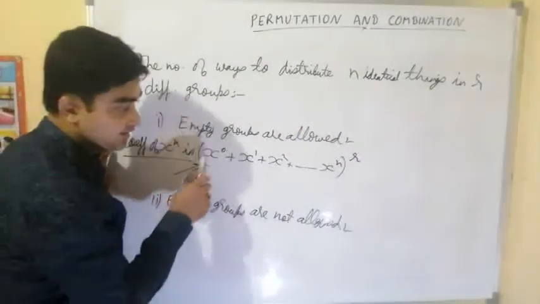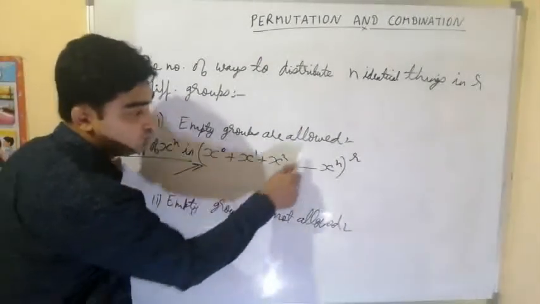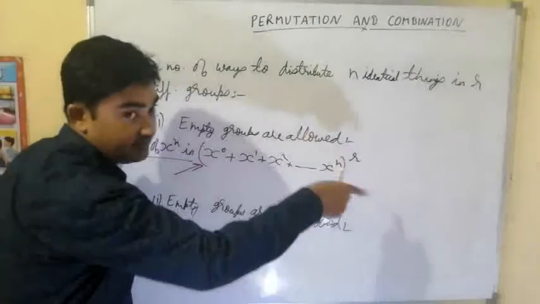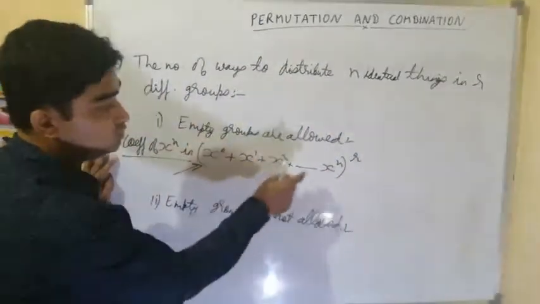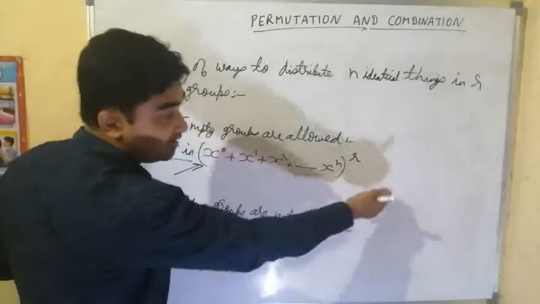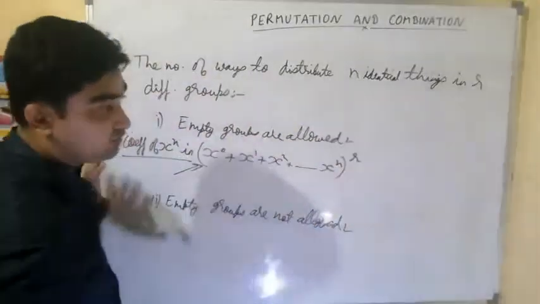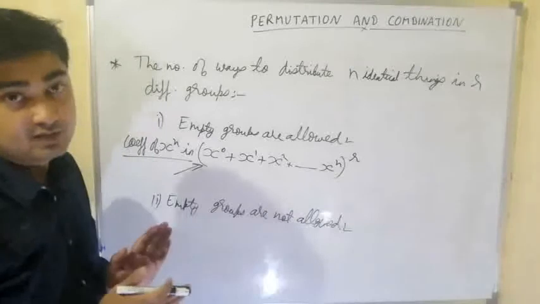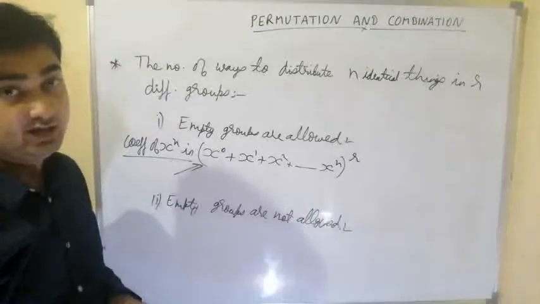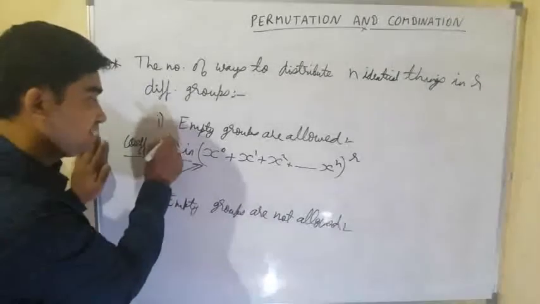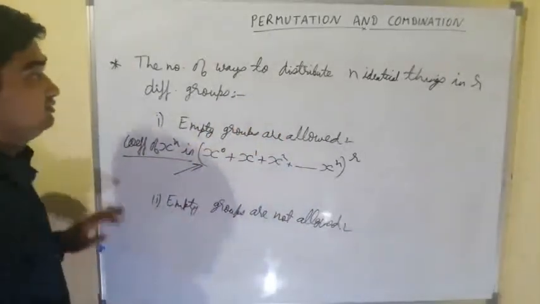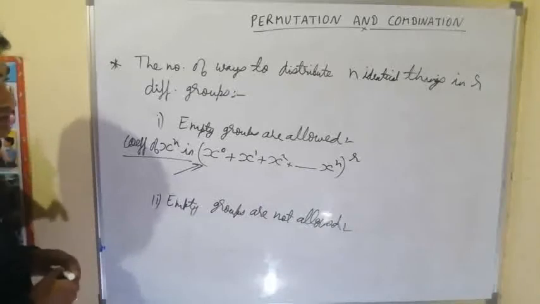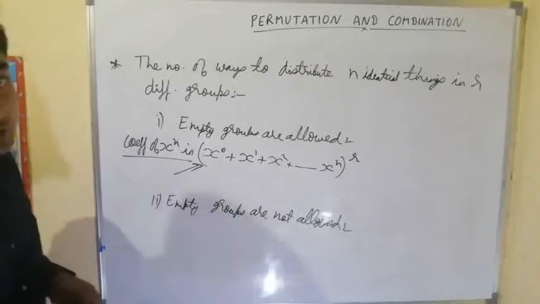So in group number 1, either we can take 0 or 1 or 2 or 3 or n. And another bracket, second group, we can have either 0, 1, 2 or n. So how many times? R times. So this power r. But what we want? Total we want n. Total of all the groups should be n. So we have to find the coefficient of x power n in this multiplication. That will give the answer. That is the number of ways to distribute n identical things in r different groups.